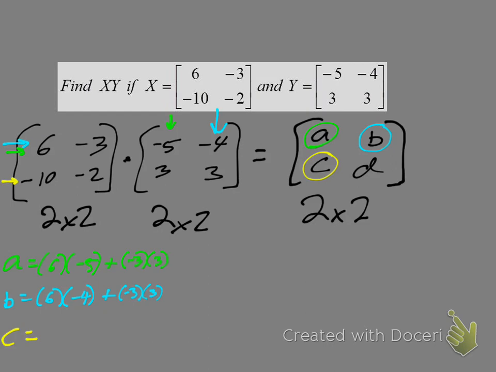So in your second matrix, we're going to move back to the first column. Same way: multiply the first numbers, multiply the second numbers, add them up. So negative 10 times negative 5, plus negative 2 times 3.